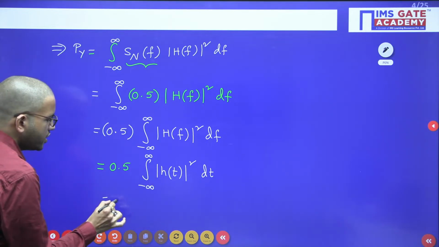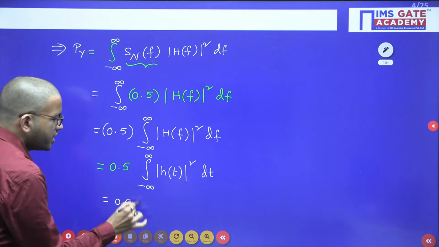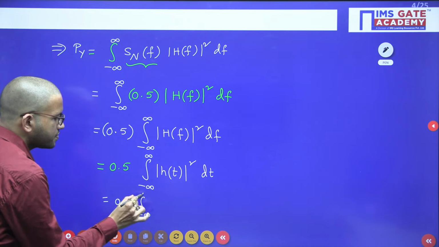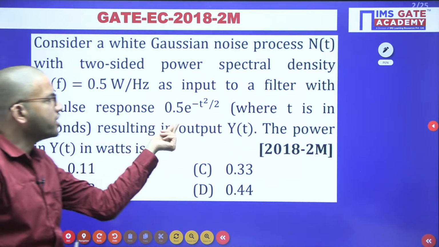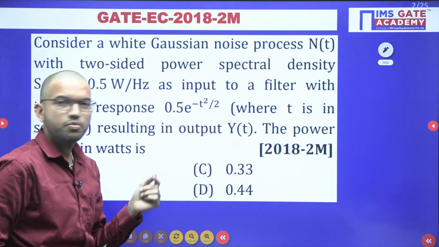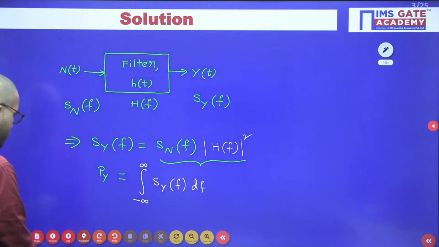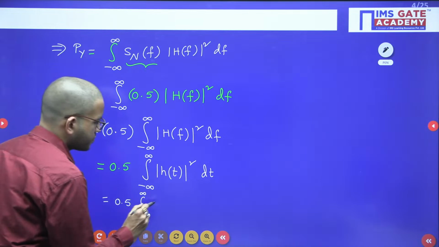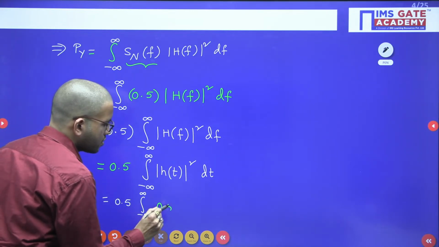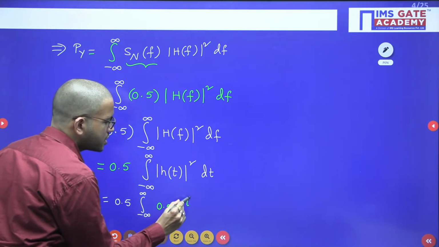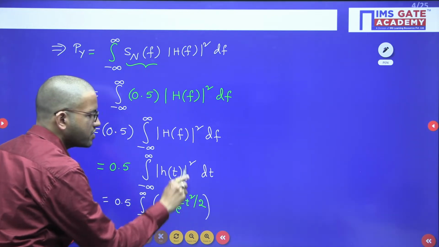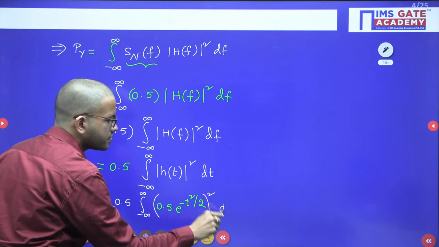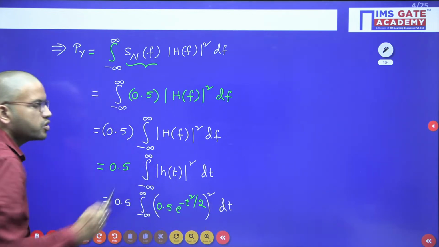So 0.5 I am keeping as it is, integral from minus infinity to infinity of h of t whole square dt.